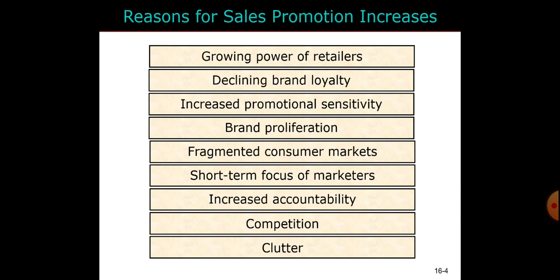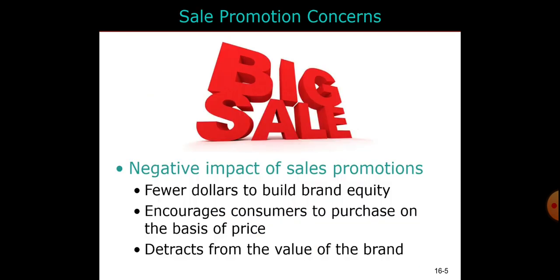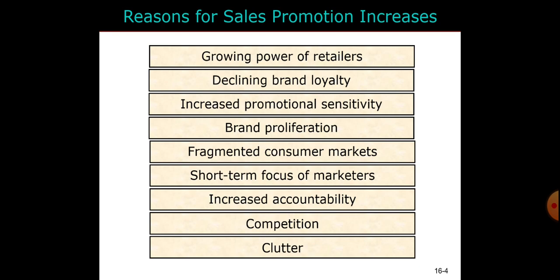Brand proliferation. Brand proliferation means that under one brand, a lot of products get sold. For example, Gillette. In Gillette, you have so many products. Gillette has foam, blades, and after shaving cream. In one brand there are a lot of products, and this is called brand proliferation.